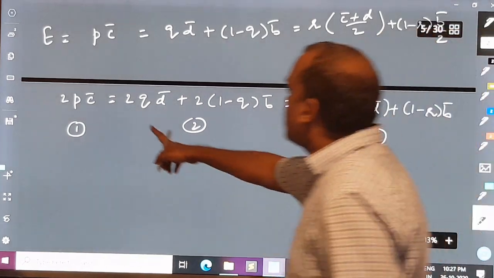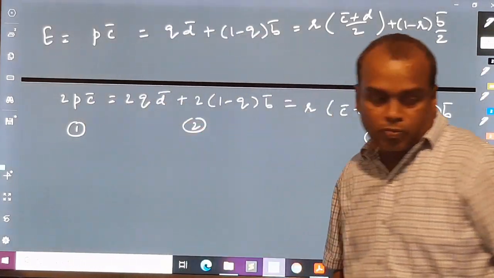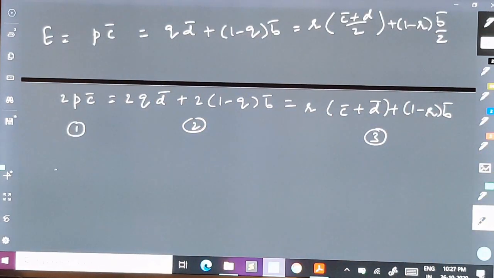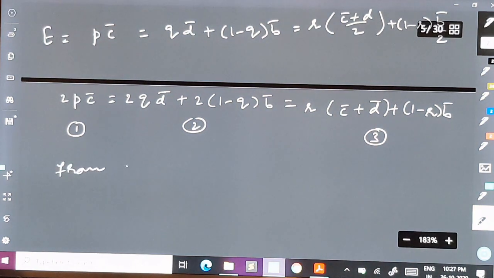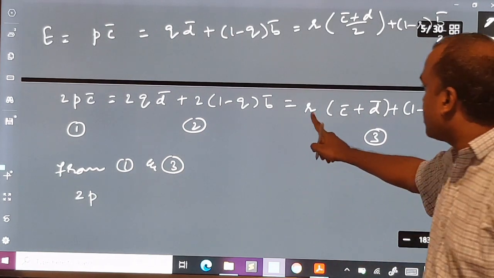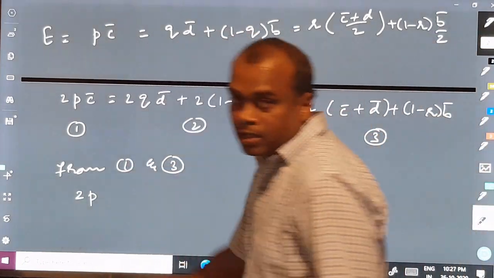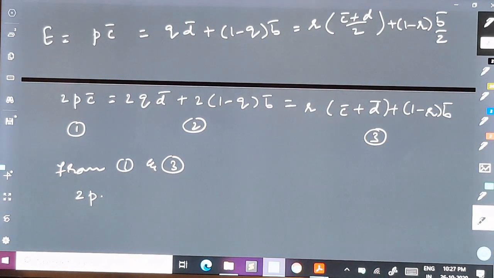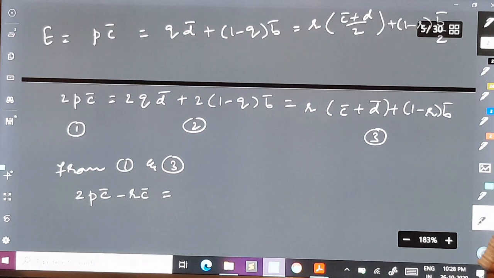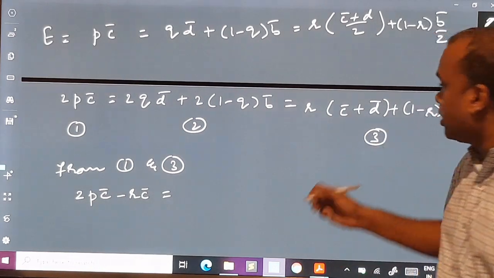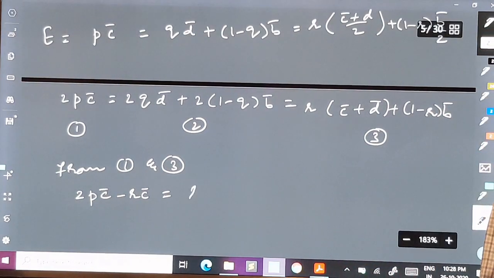Now I equate 1 and 3. So from 1 and 3, what I get is 2PC bar, and this RC bar I will write on the left hand side. So it is 2PC bar minus RC bar is equal to the remaining part, which is RD bar plus 1 minus R into B bar.